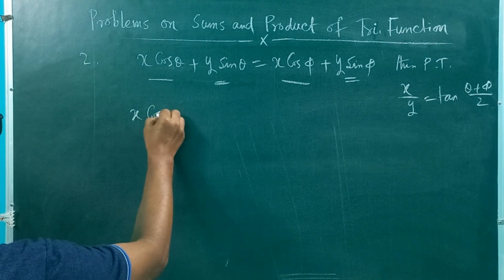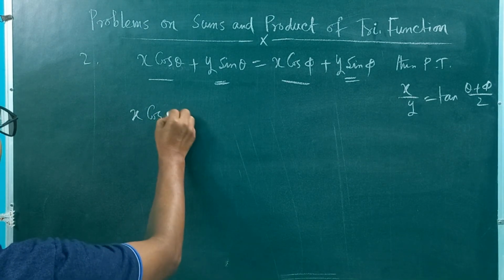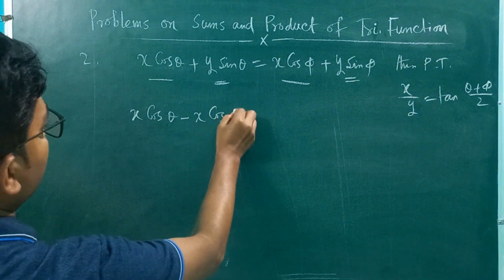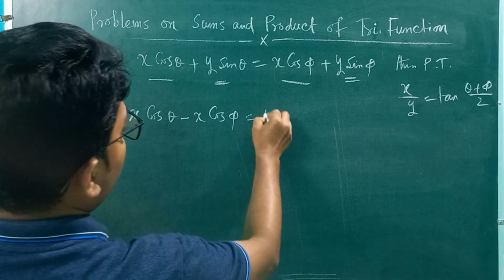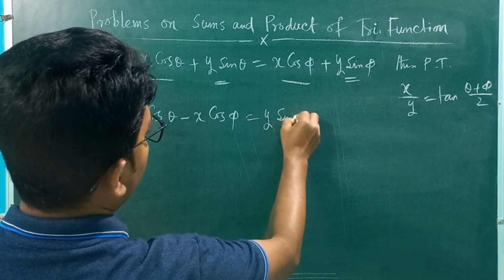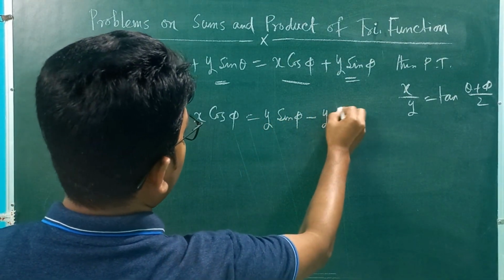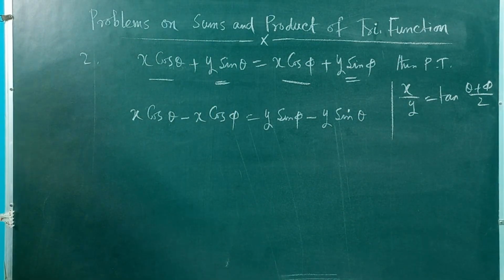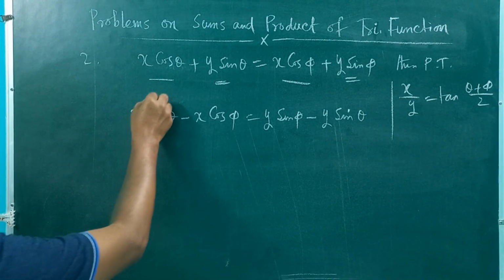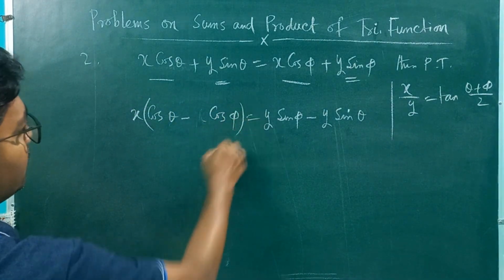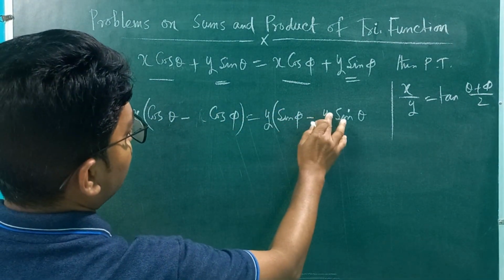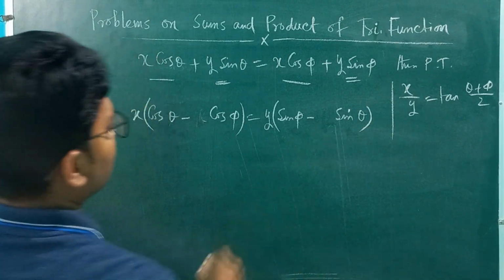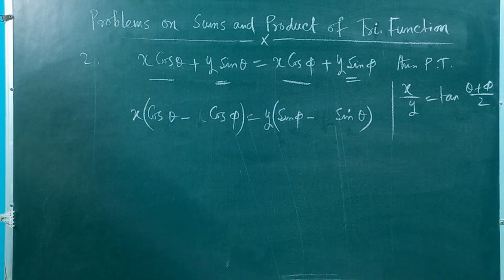So this one: x cos theta minus x cos phi equals y sin phi minus y sin theta. That is, if we take x common here, then this becomes this one. If you take y common here, this becomes this one. Clear to everyone?